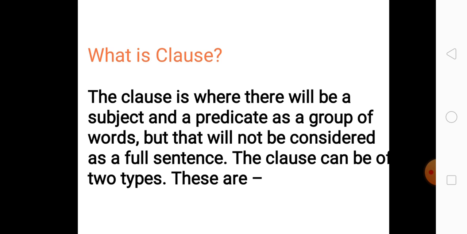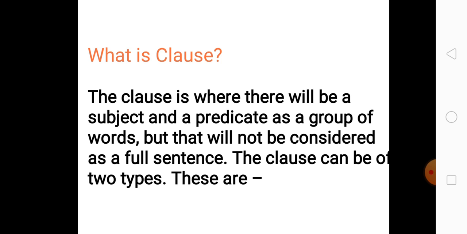Then only will you be able to understand the types of sentences, and after that how to convert one sentence into another. So clauses are the base of this chapter, transformation of sentences. We will have a rapid revision of clauses, then the types of sentences, and finally we will understand the transformation of sentences.